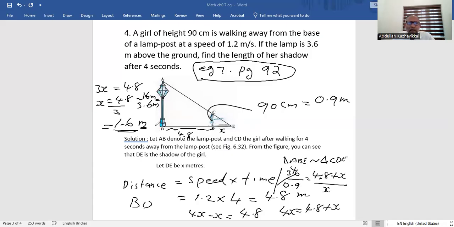Angle B is equal to angle B, both angles ABE and CDE common. Then this manipulation gives a linear equation in 1 variable. I think all of you understood.